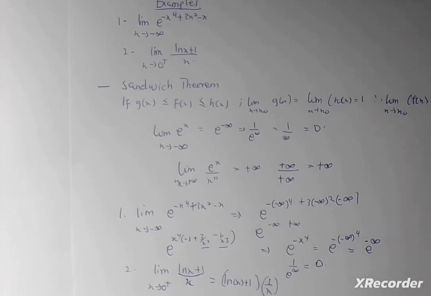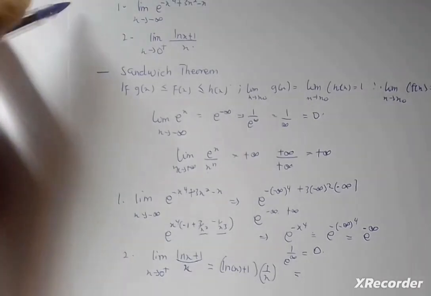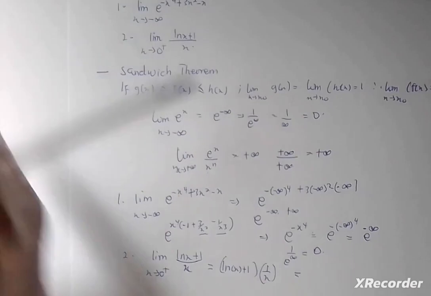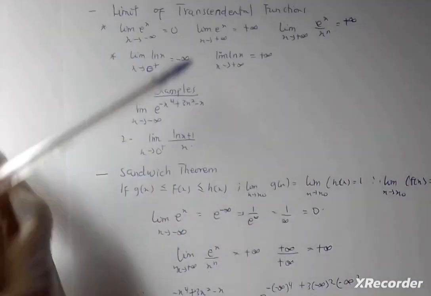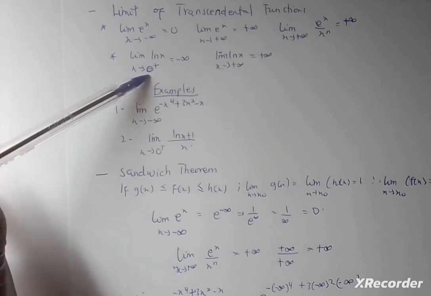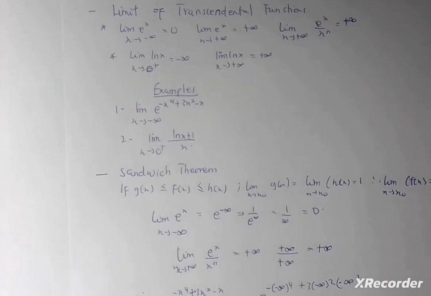You separate it. When you separate this into two multiplying functions, then we come back to this property. The limit of any logarithmic function as it approaches 0 plus is negative infinity.